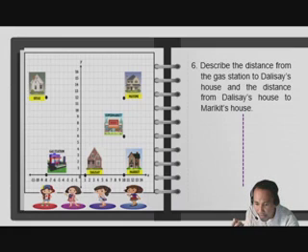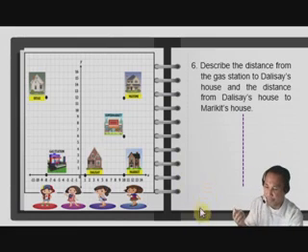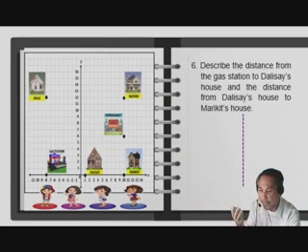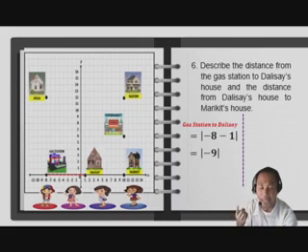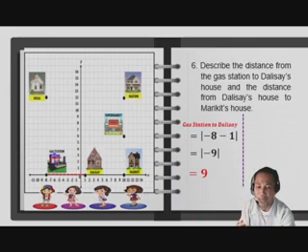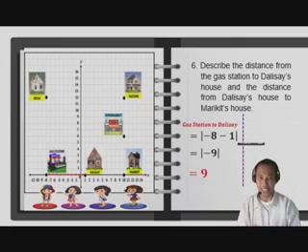So this is the gas station to Dalisay's house. If you are going to solve that, like what we did before, we are going to have it. Ayan. -8 minus 1, then get the absolute value. We have -9. And then the answer for that is equal to +9. So yun yung layo ng bahay ni Dalisay sa gas station.